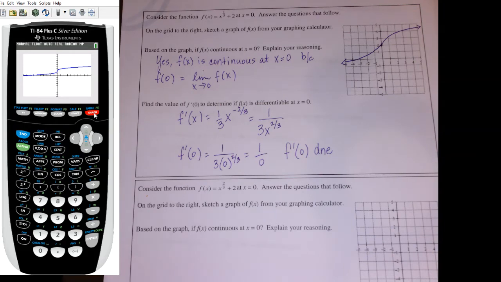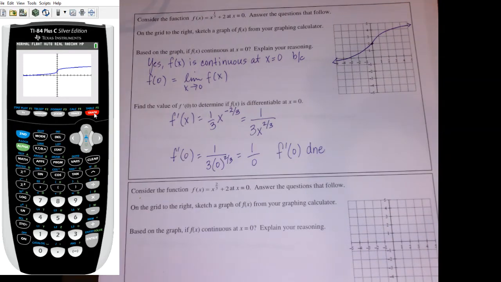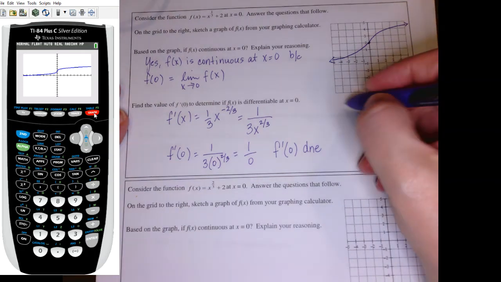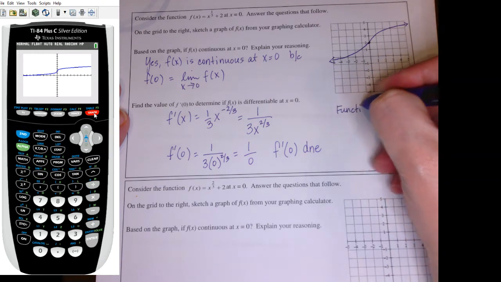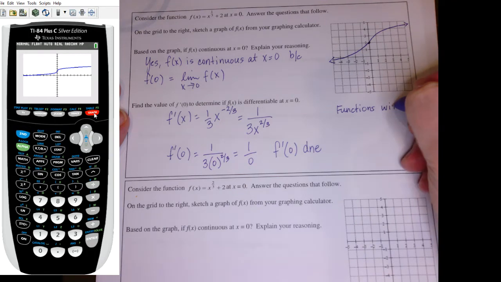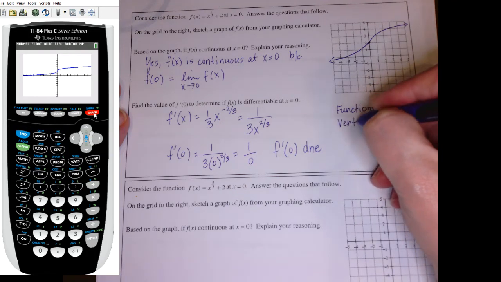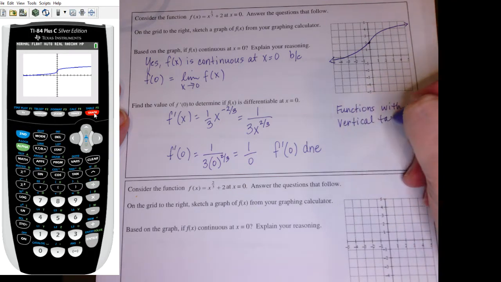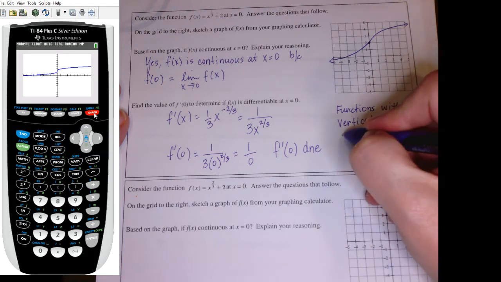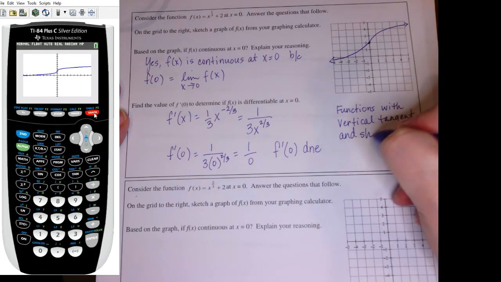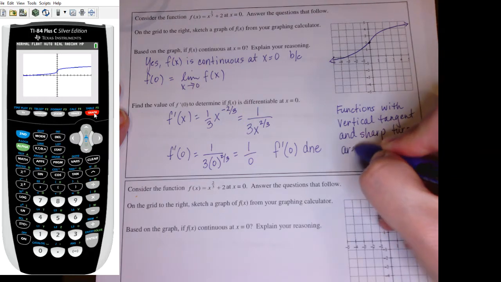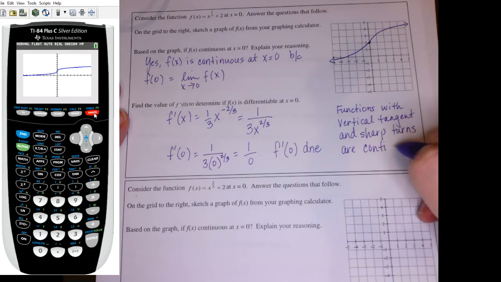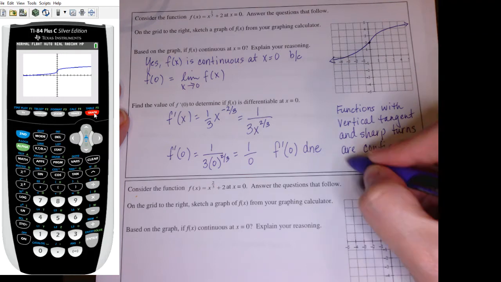Now, wait a minute. This one ended up being continuous, and yet the derivative did not exist. So when does that happen? So functions with vertical tangents, which is what we have here, we have a vertical tangent at x equals 0, and sharp turns are continuous but not differentiable.